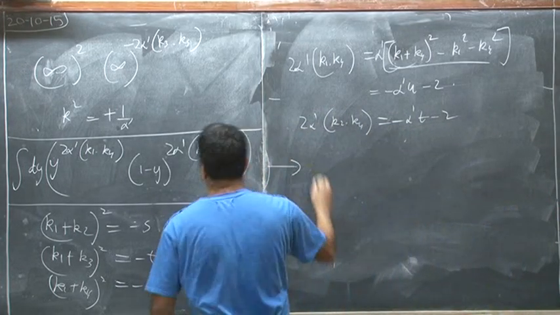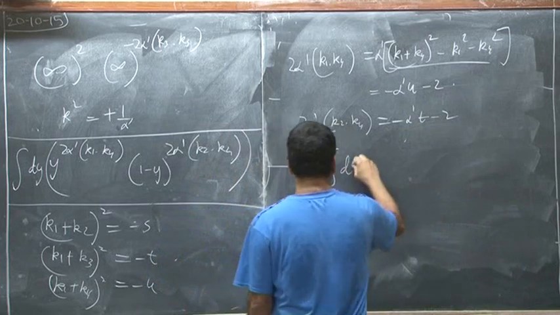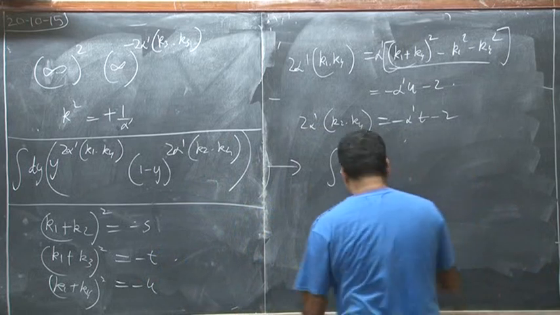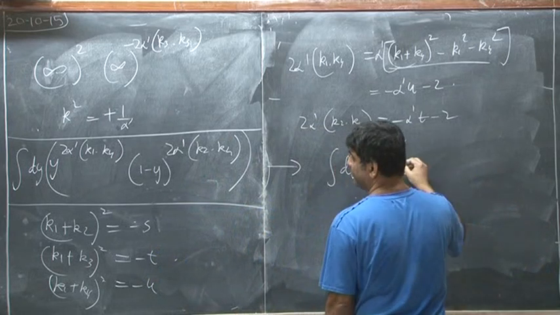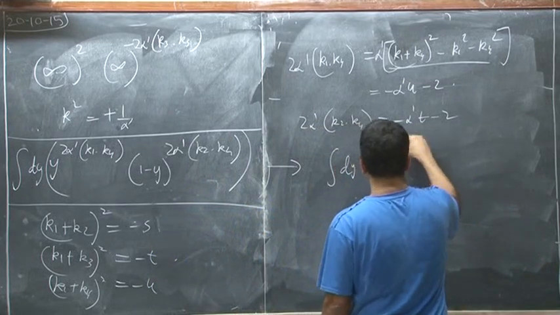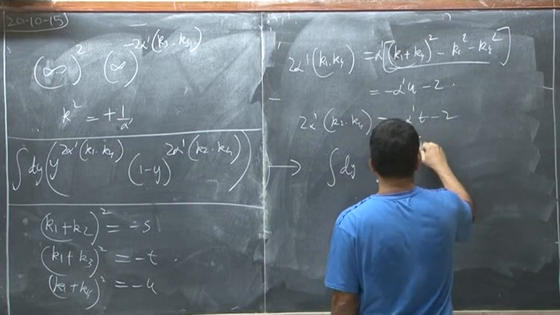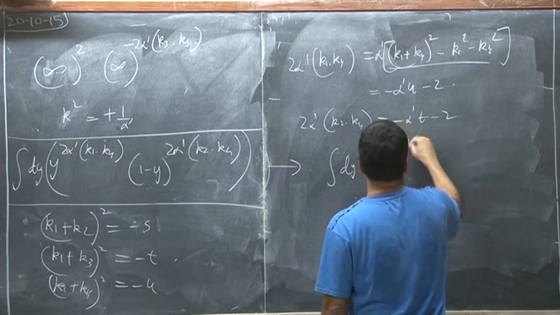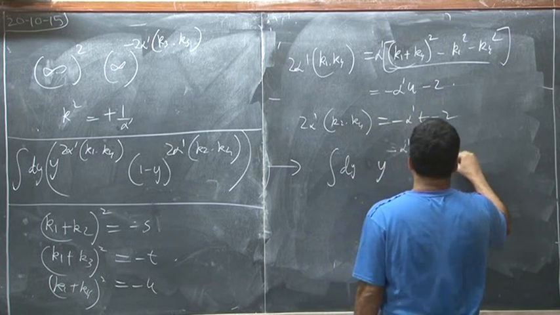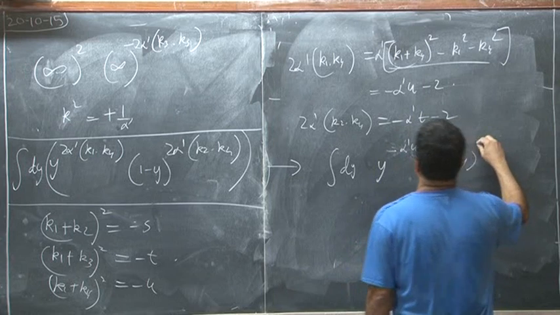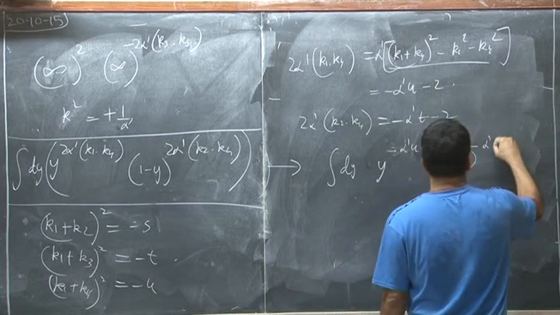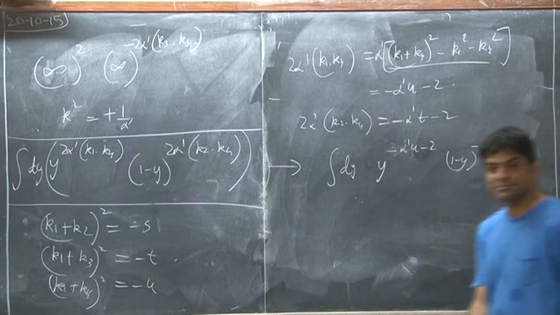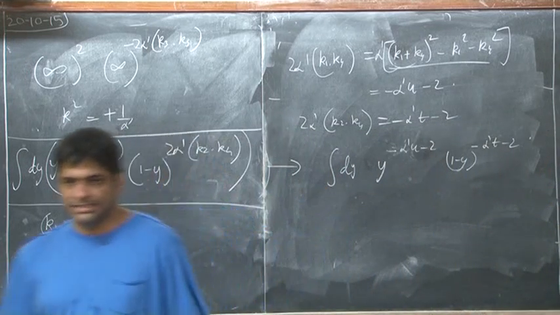So this integral here becomes the integral dy y to the power 2 alpha prime minus alpha prime u minus 2, times 1 minus y to the power minus alpha prime t minus 2. Is this clear?